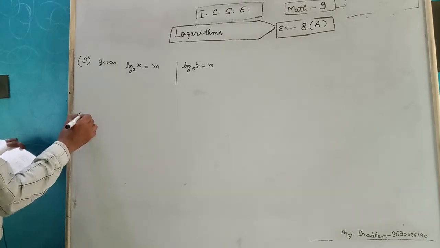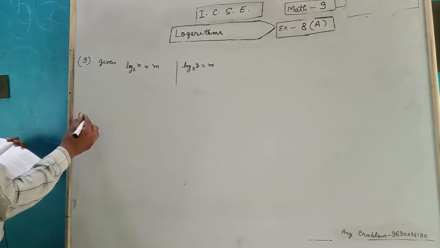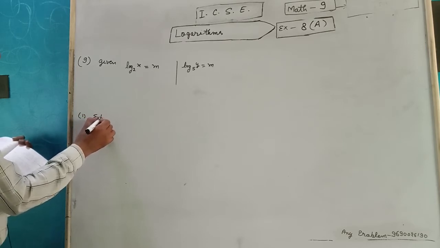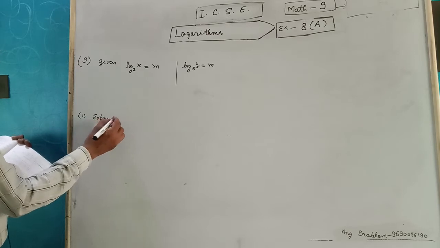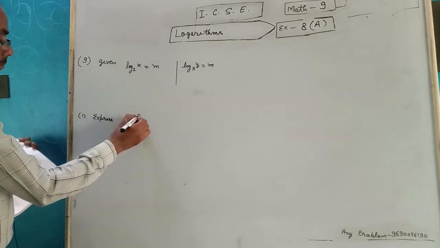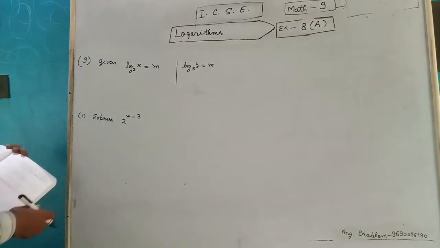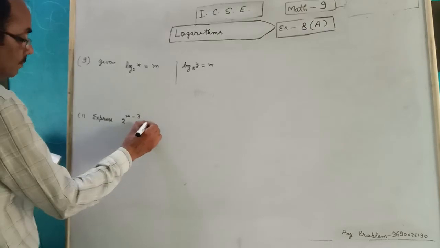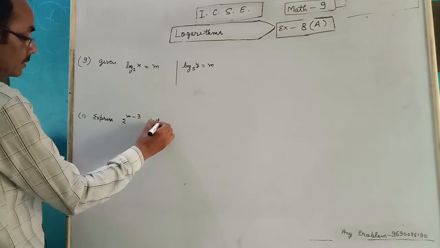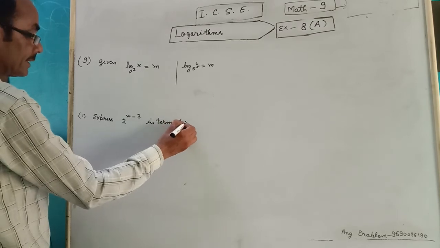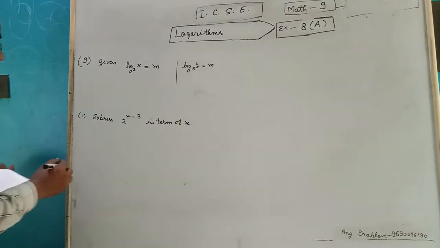First part is express 2 as power m minus 3 in terms of x. That is the question.